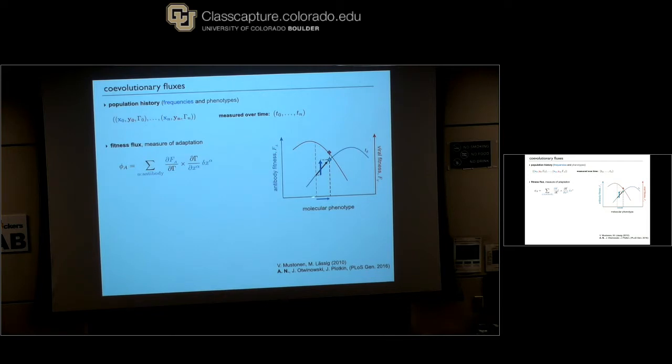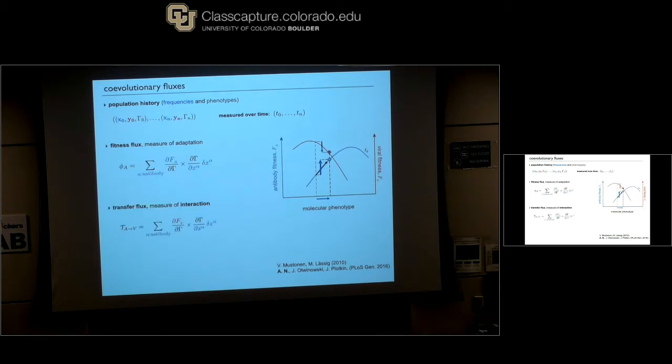So if you're at this point and antibodies want to evolve, they go up the fitness hill here, and so you gain a fitness by the blue arrow, and you do this over time. The sum of these blue arrows will give you the fitness flux, or the amount of entropy production in that system.